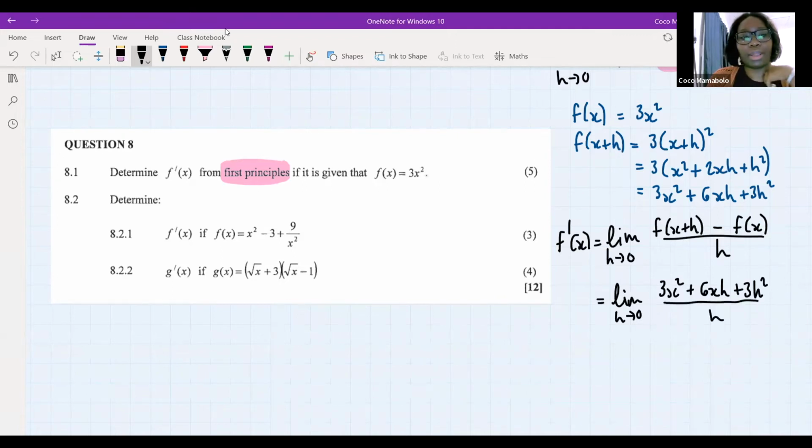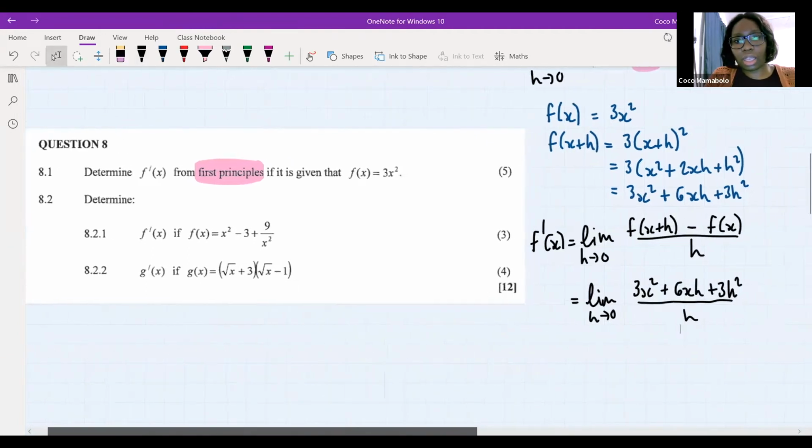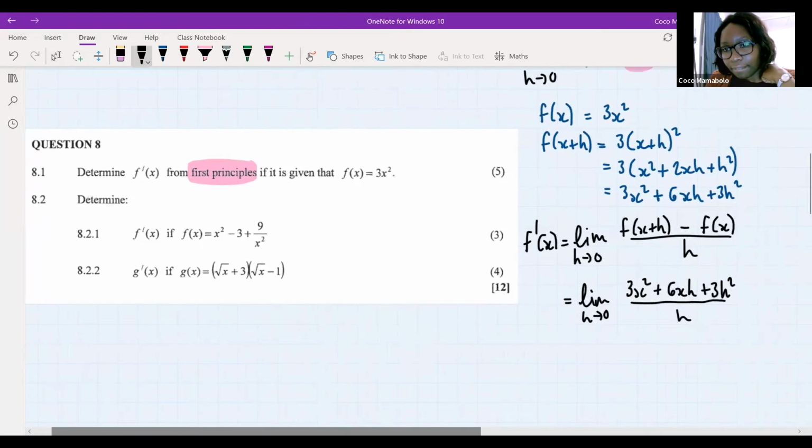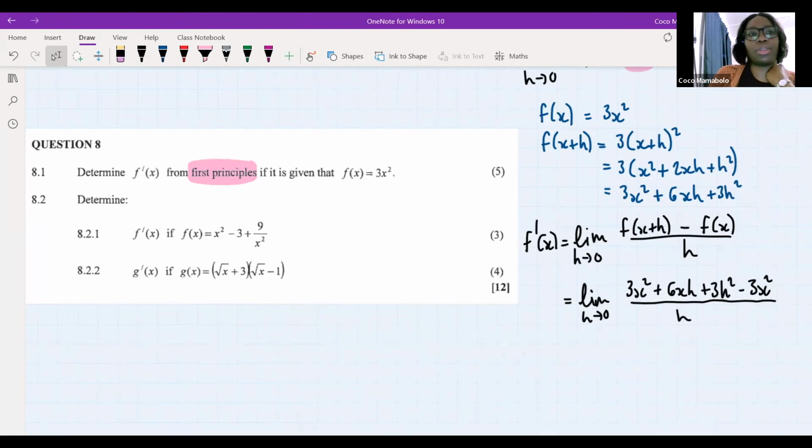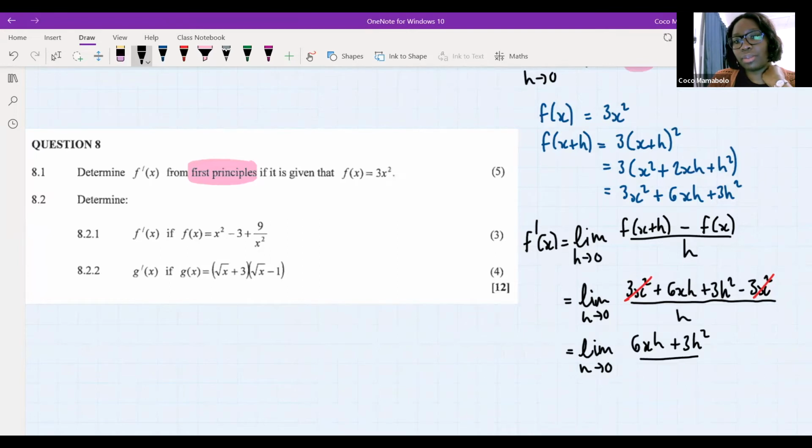Oh, I'm forgetting something. Minus 3x squared. Okay, mustn't forget the minus 3x squared there. So 3x squared and 3x squared will cancel out. And I will have the limit as h approaches 0 of 6xh plus 3h squared over h.